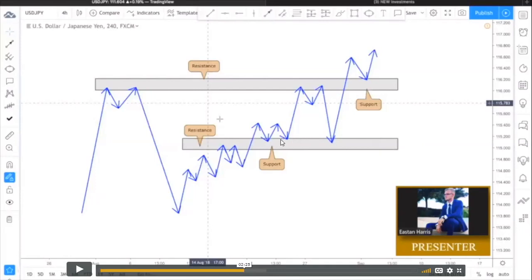So remember, we're really concerned about where current price is. We're not going to be going way back. So we know that current price is here. We're going to start looking for areas where price has come more than one time. Let's go back from this level to here.